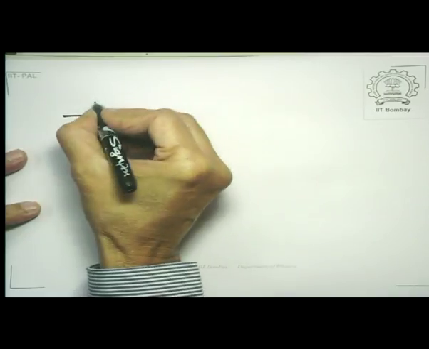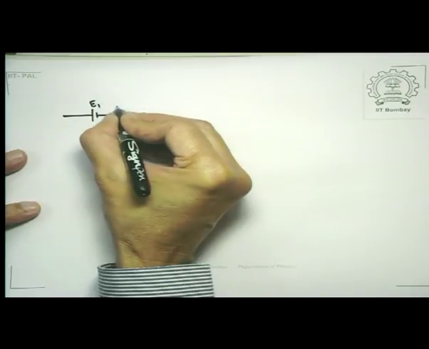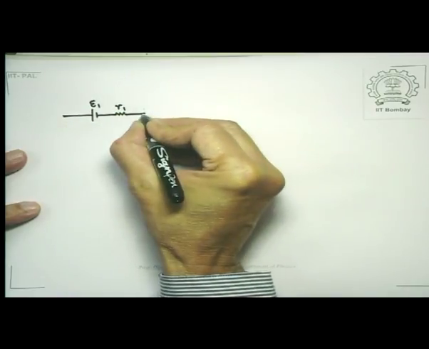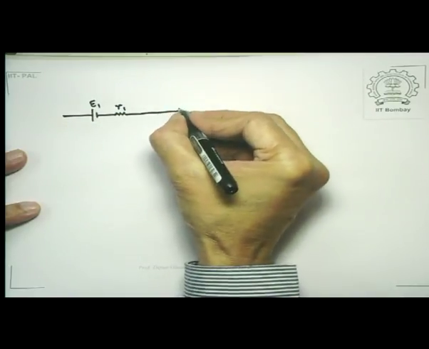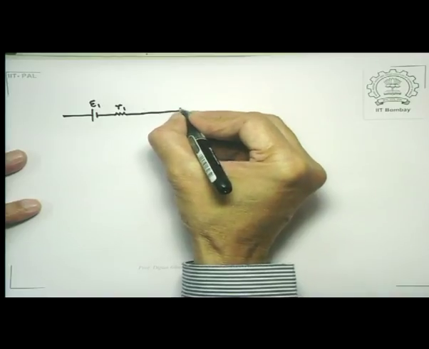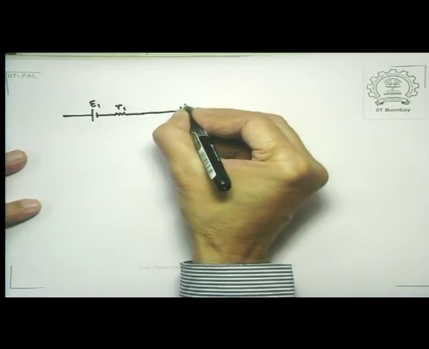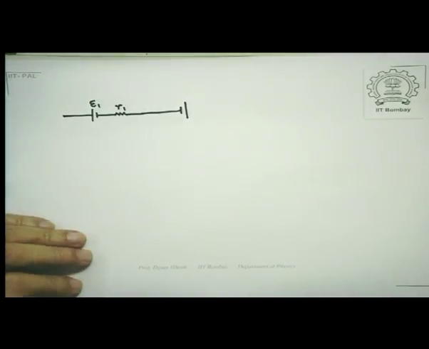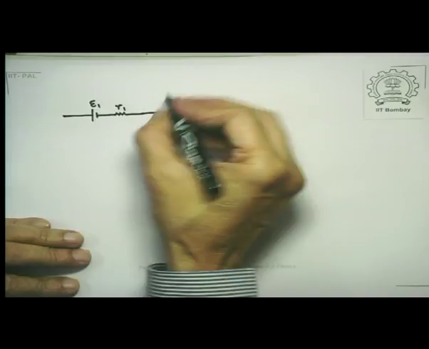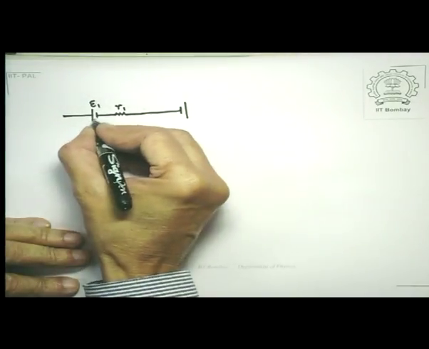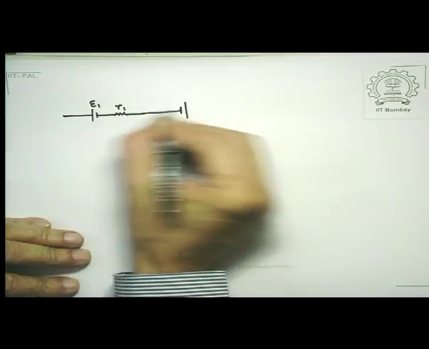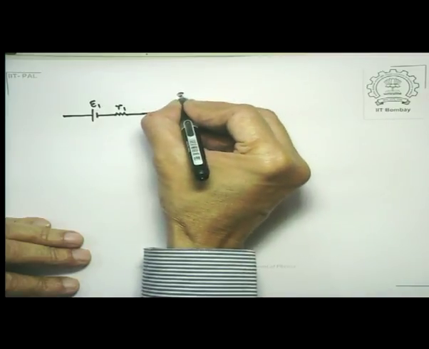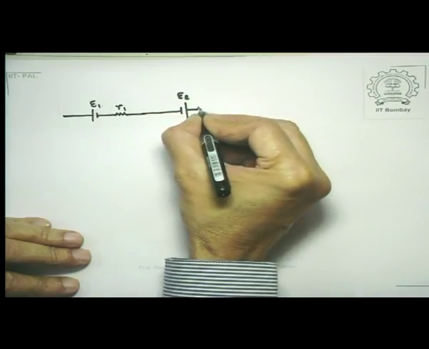This is a seat of EMF E1 with internal resistance R1, and we connect this to another battery, but this time instead of connecting the negative terminal of one to the positive terminal of the other, we connect the two ends having the same polarity, and this is E2 with an internal resistance R2.